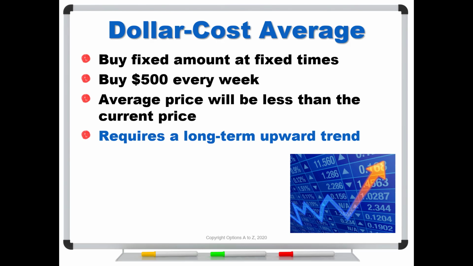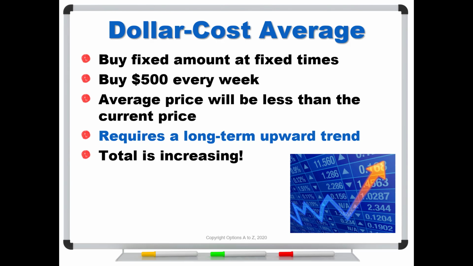And part of that reason is that if you think about it, your total is increasing. So if you put $500 in the first week, you've invested $500. In week 2, you've got $1,000, then $1,500, then $2,000, and so on as time goes on. That fund is getting bigger and bigger.